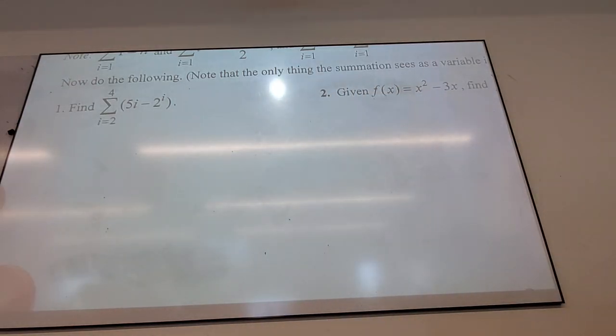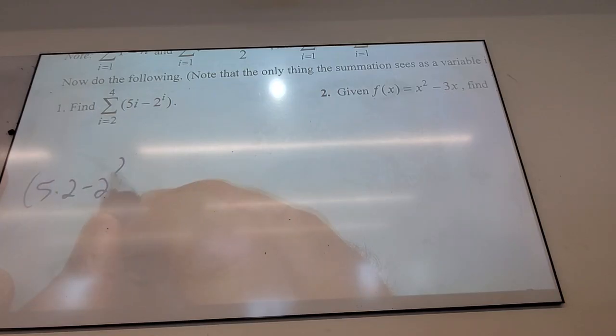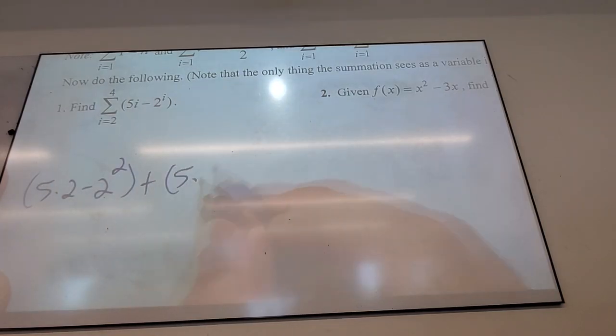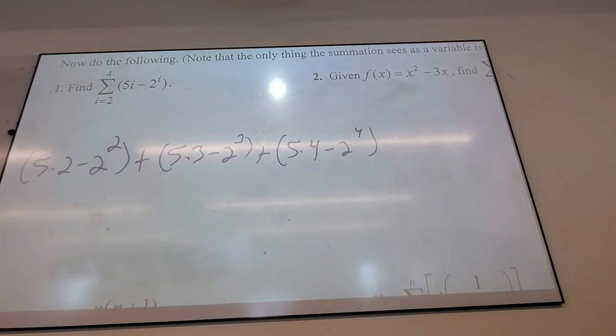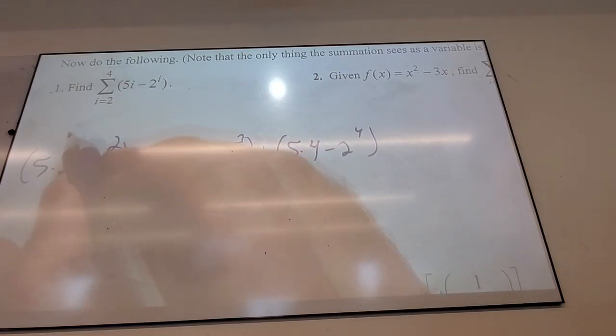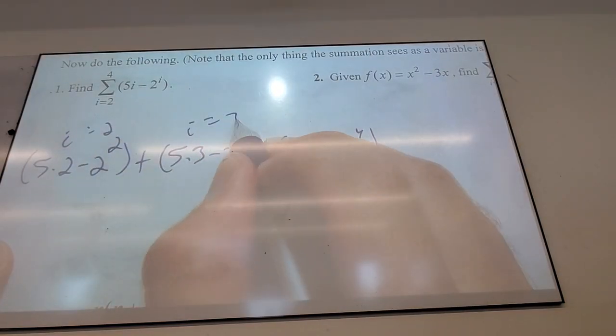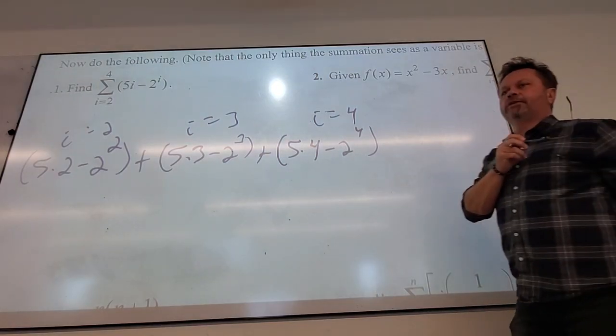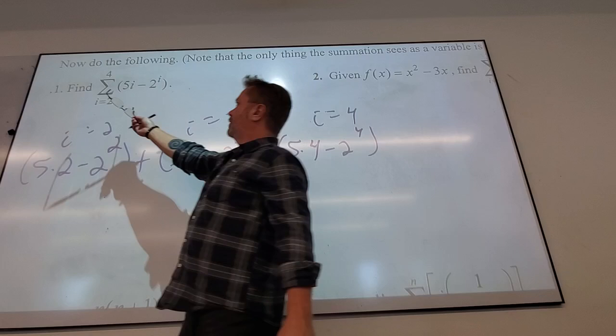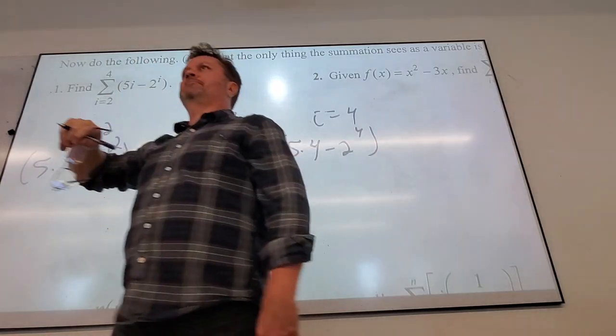So what do I plug in first? 2, plus plug in a 3, plus plug in a 4. So this is i equals 2, i equals 3, i equals 4. And just to go back to what I said earlier, most of the time we'll start at 1, not all the time.